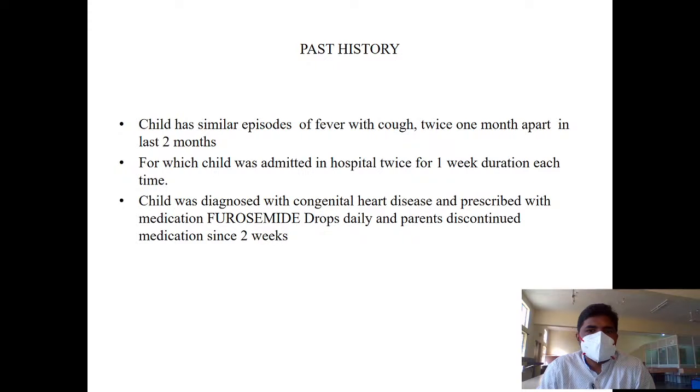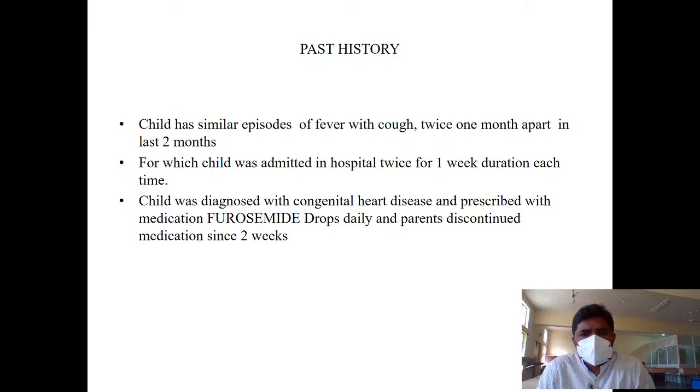Usually a left to right shunt will have such a history, recurrent LRTIs and CCF. Whereas right to left shunts like TOF, tetralogy of Fallot, usually have a history of cyanotic spells, bluish discoloration, rather than pneumonias and CCF. So recurrent pneumonia and CCF go in favor of a left to right shunt.